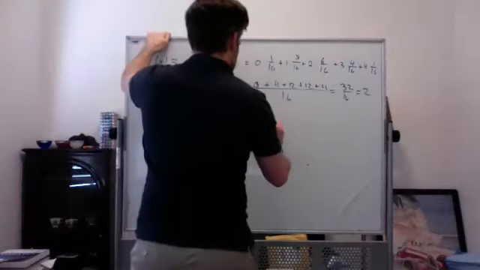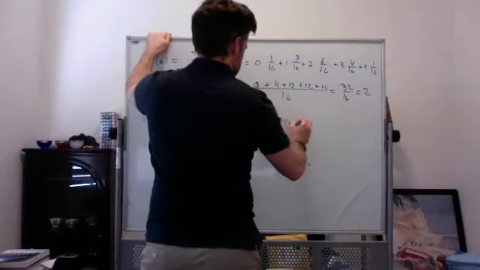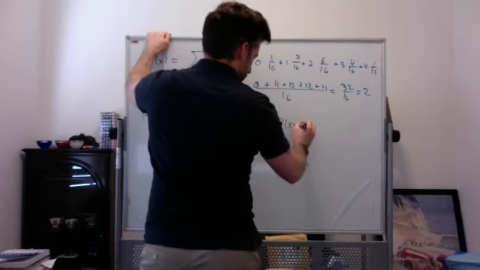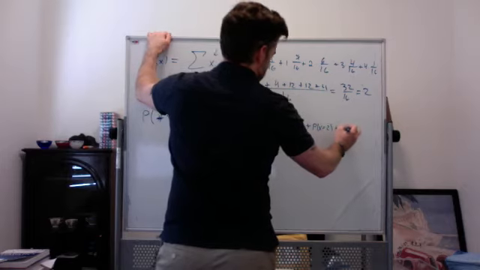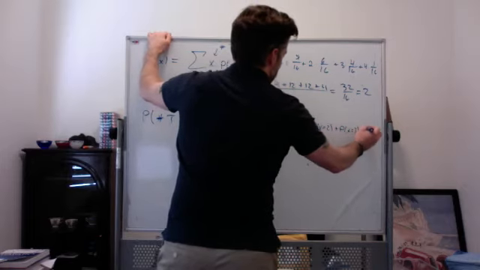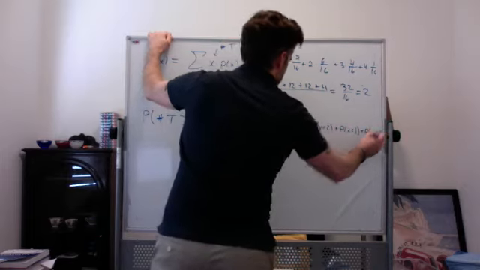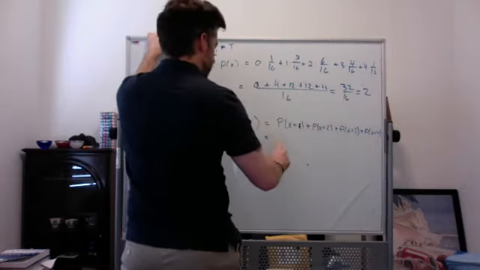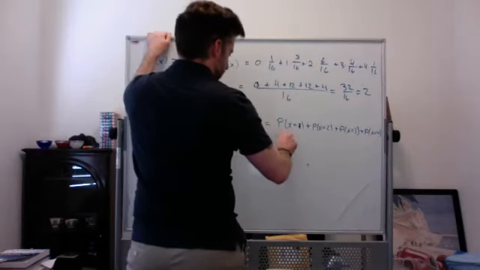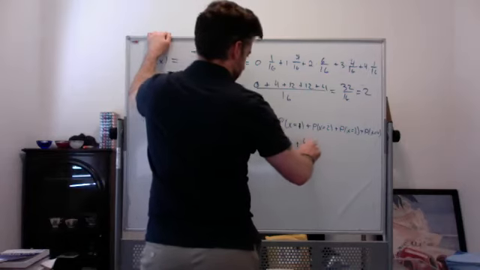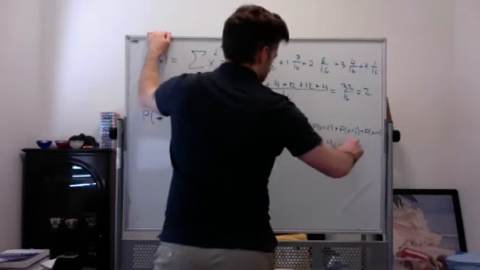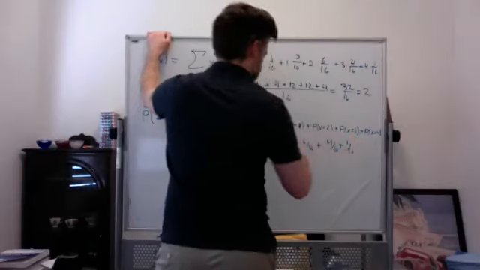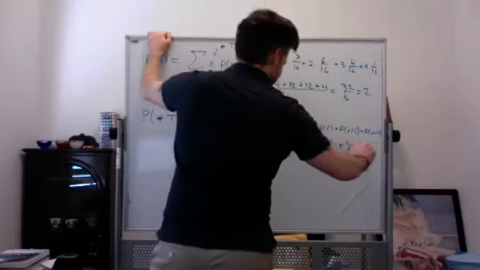It would be the probability that x is equal to 1, plus the probability that x is equal to 2, plus the probability that x is equal to 3, plus the probability that x is equal to 4. And then you can add up all those things, which would be 4/16 plus 6/16 plus 4/16 plus 1/16, which is 10, 14, 15, 16.